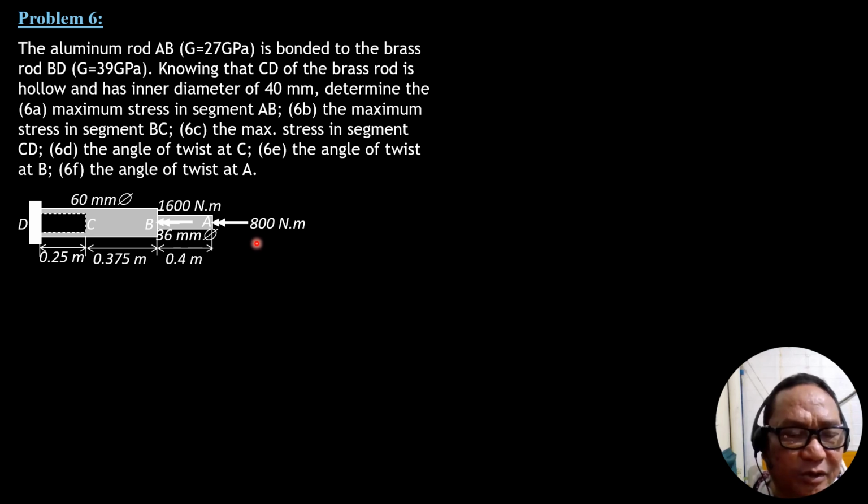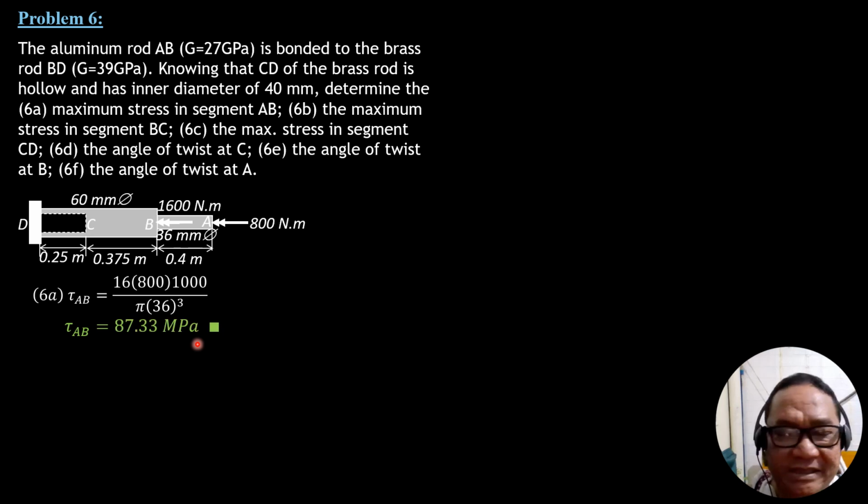So 16 torque over pi diameter cube, the formula for solid shaft, maximum torsional stress. The diameter is 36. So tau AB is equal to 16 torque 800 Newton meter times 1000 to convert it to Newton mm divided by pi 36 mm quantity cube. So shear stress in AB is equal to 87.33 megapascals.